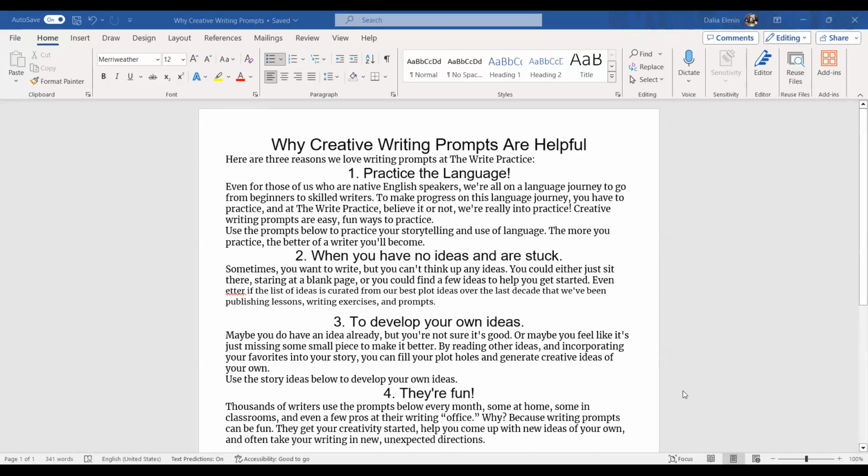So why do we tend to have creative writing? These are reasons why you have prompts. First of all, you practice the language, the English language, at the level that will help you do well at university.